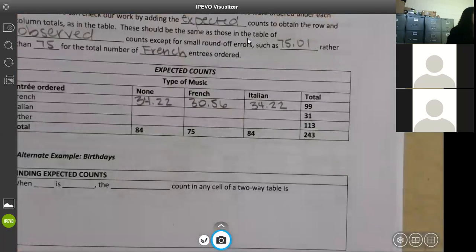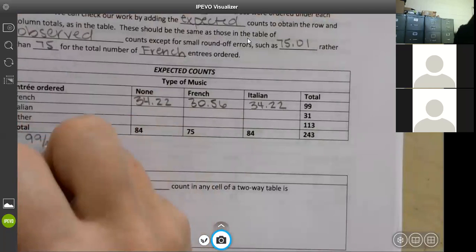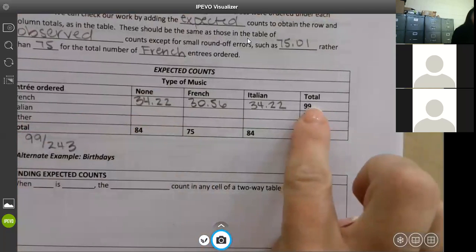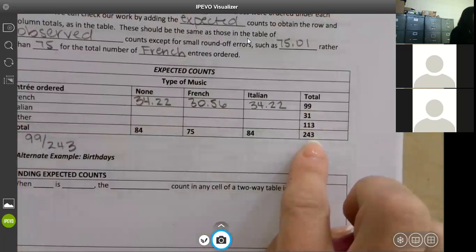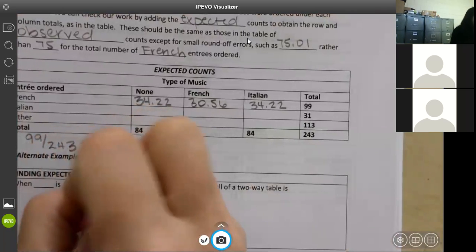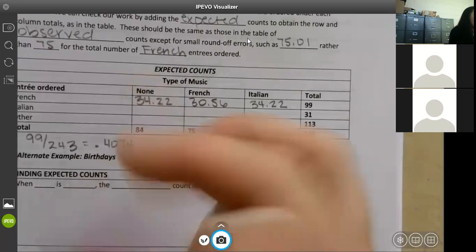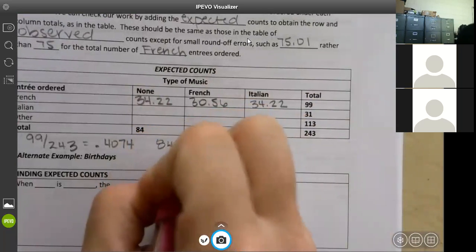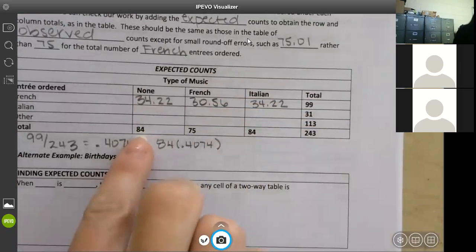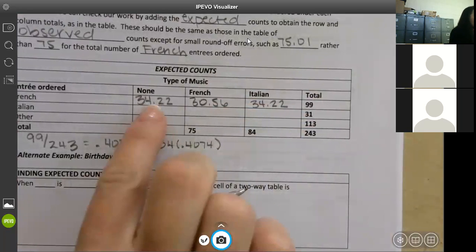When we did our first proportion, our 34.22, the way we got it was we did the 99 out of 243. That came from right here, 99 out of 243 total. Does that make sense? Everybody good? That's where we got our 0.4074. This is on that other page. I'm just rewriting it down so you guys can see it. Then we did 84 times that proportion. That 84 came from right here. Everybody see that? When you multiply it by that proportion, you get the 34.22.